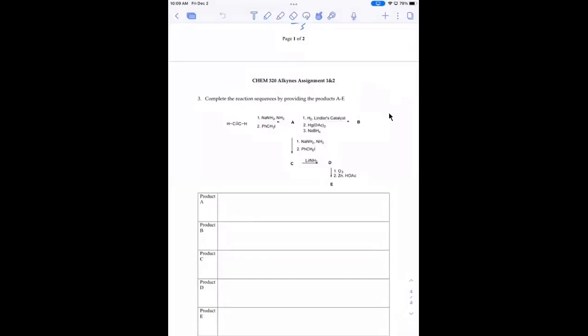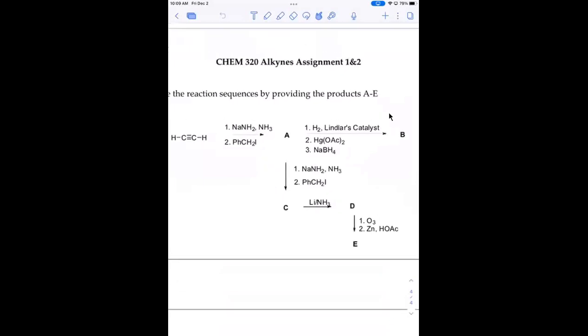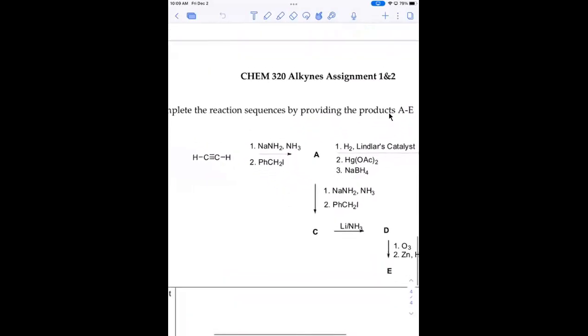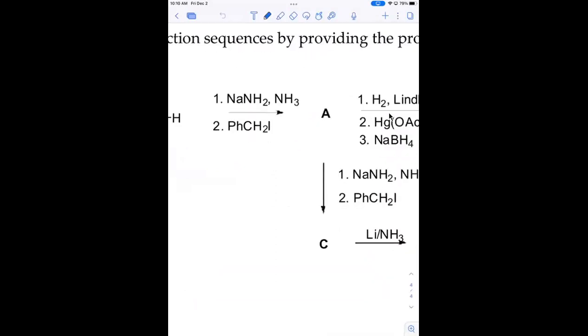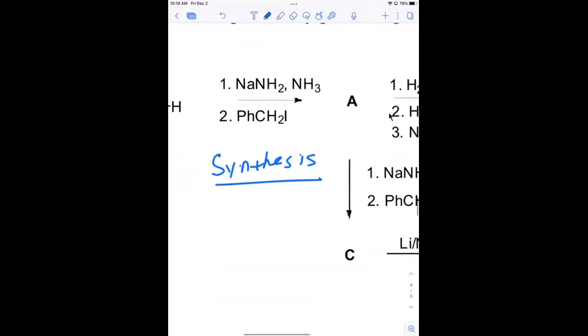So what you see on the screen and on the document is what we call a synthesis. That's what you call it when you are making something in organic, trying to create or generate a product. It's called a synthesis. And a synthesis often happens in steps.